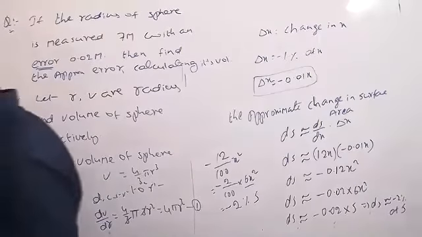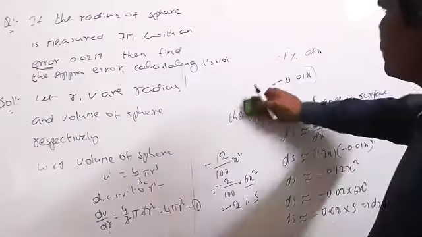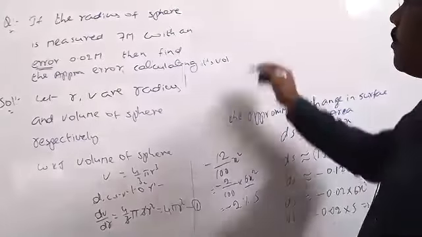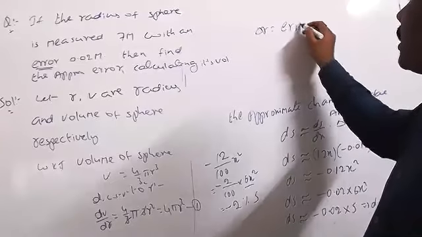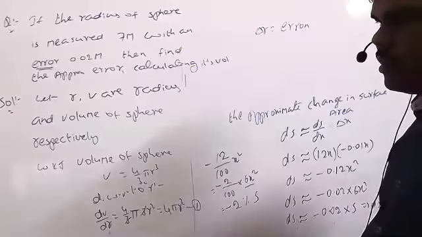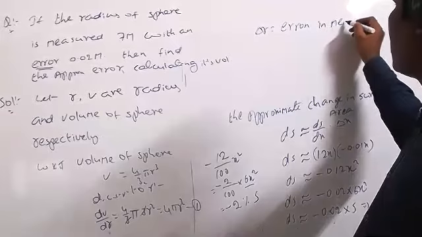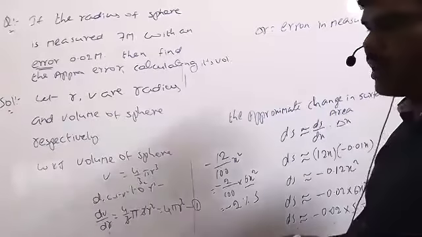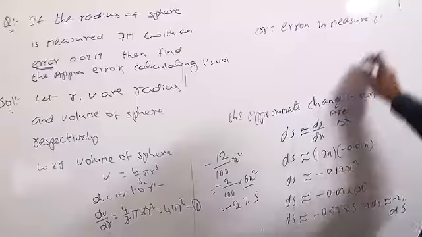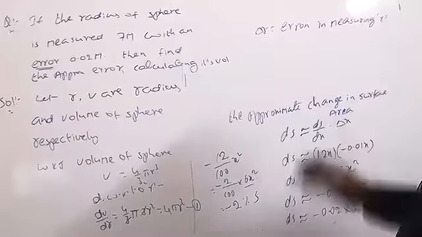Now follow the same procedure. What is delta r here? Delta r equals the error in measuring the radius.